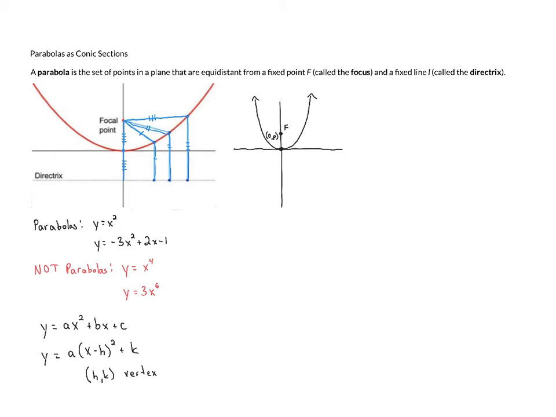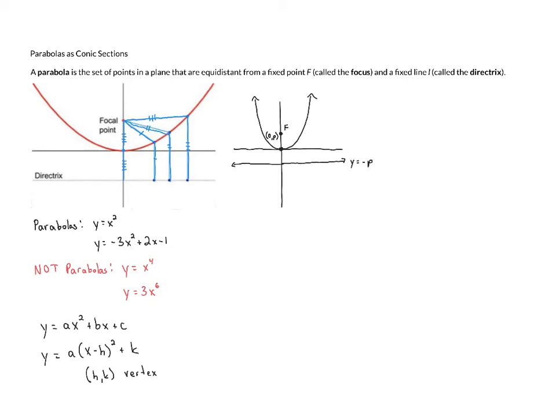Now, what that means for us is that the directrix is the horizontal line that has equation y equals negative p, because we know that the distance from the focus to the vertex has to be the same as the distance from the vertex down to the directrix, and both of these distances are p. So once we know the focus and the vertex, we can figure out the directrix.